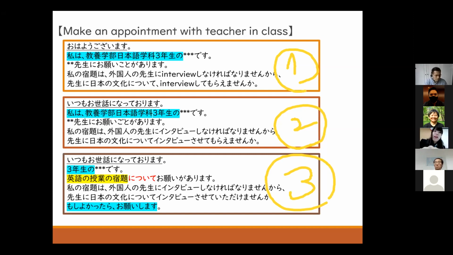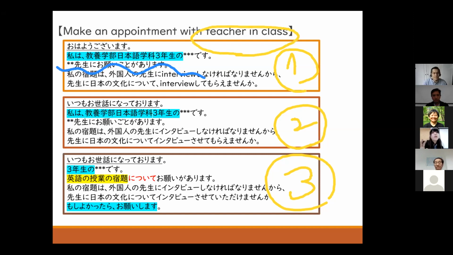Sorry for the inconvenience, it is in the Japanese language, but the student says, my name is student name, I am a third-year student of Lancet University, a Japanese major student, like that. But the student sent it to the teacher in class, so they have known each other already.